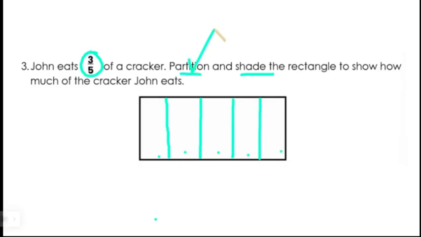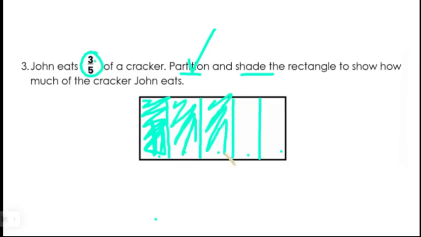I've already partitioned, so I finished that. But I don't want to forget to shade. Okay, so make sure you shade so you get all your points there. Don't forget to shade. Now, how many pieces am I shading? Well, my numerator says I need to shade 3 pieces. So there's 2 pieces, and my last piece to shade is 3. So I have shaded 3/5 of the cracker to represent how much John has already eaten of his cracker.